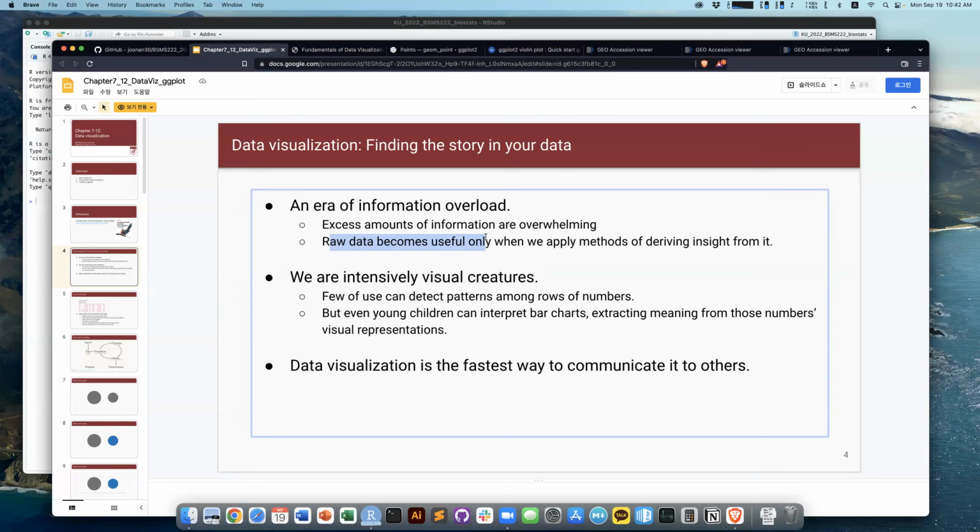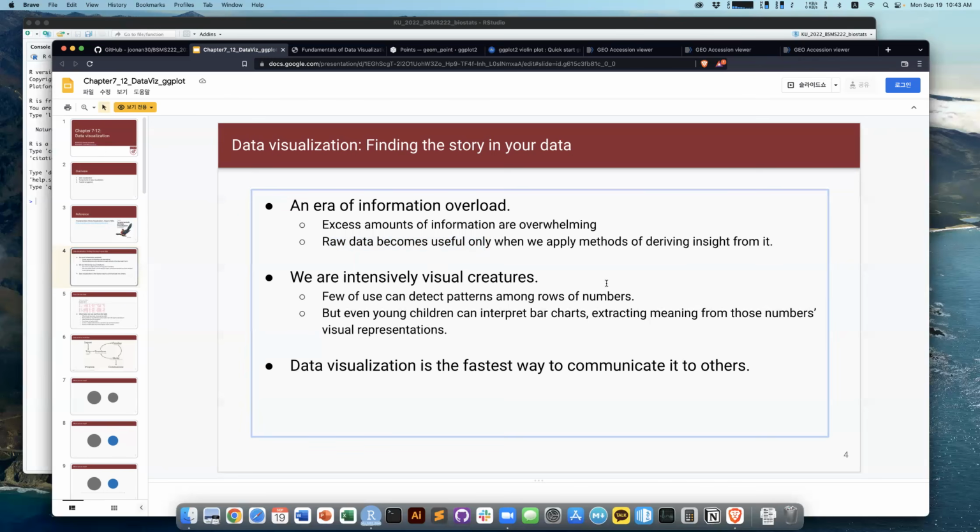So visualization is such a critical step you have to do in your data analysis, and getting very good skills in data visualization is the key to handling that information, right? So that is about the big data aspect.